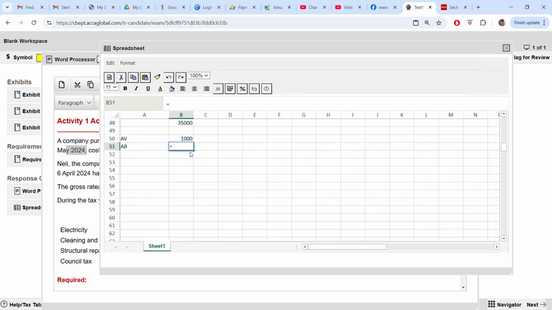So it is 150,000 plus 10,000, minus 75,000, the whole thing multiplied by the official rate. What is the official rate? 2.25%.